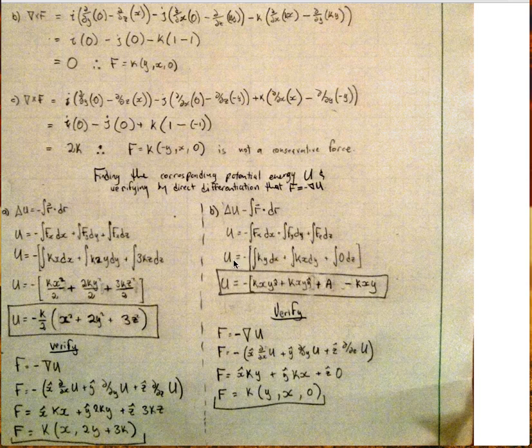So integrating over here, I just plugged in what are the terms for these equations in respect to equation B, and the tricky part comes when you have to integrate. Now when you integrate these two terms, you have to get the same thing, which is kxy.